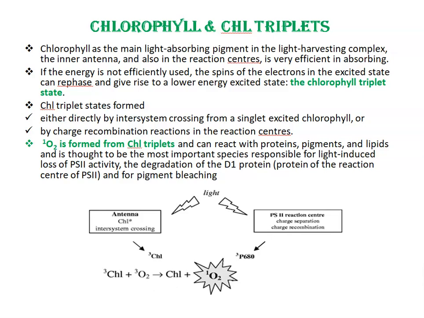So triplet chlorophyll is formed either directly by intersystem crossing from the singlet excited chlorophyll or by charge recombination reactions in the reaction center.